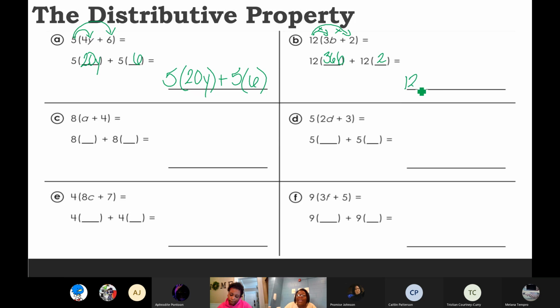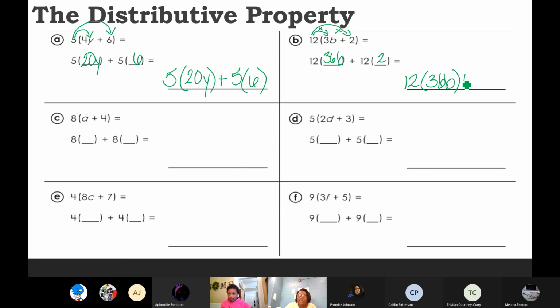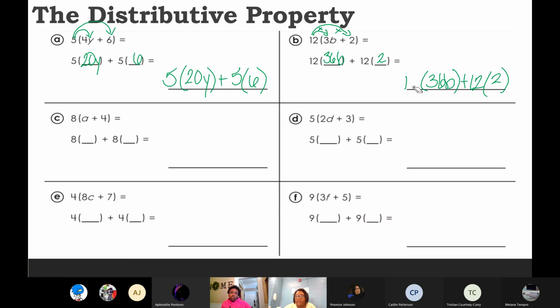So when we rewrite this, it will be 12 times 3b plus 12 times 2. And I'm telling you wrong again. We're going to delete that 12 because that 12 is gone.